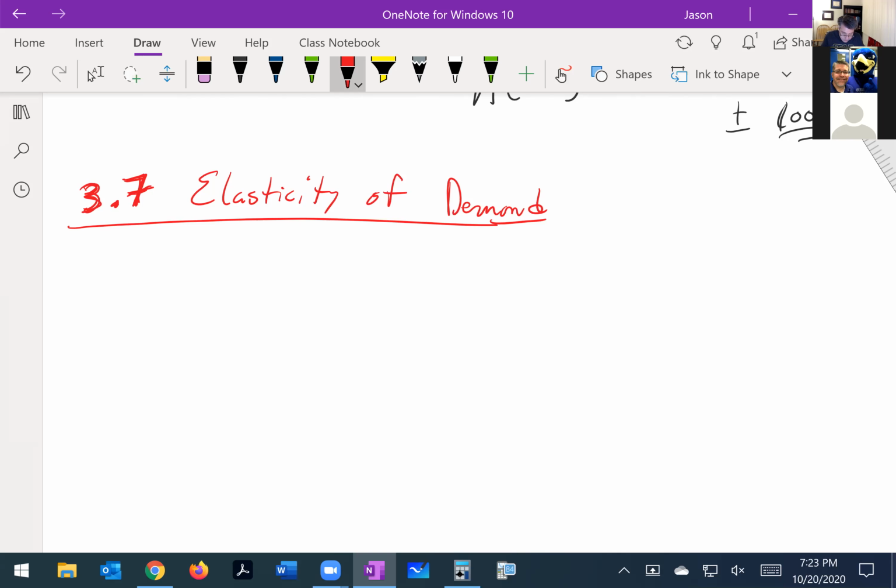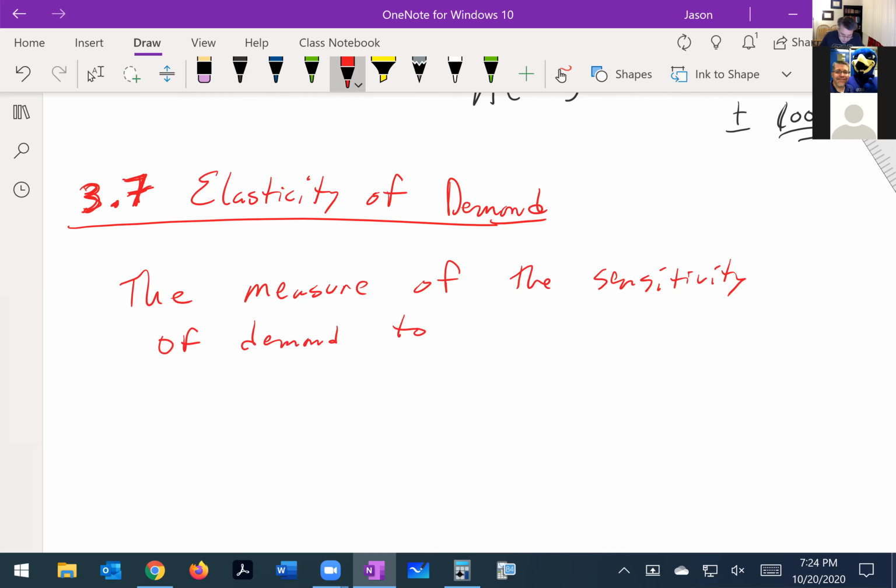Elasticity of demand is the measure of the sensitivity of demand to a small percent increase in price.